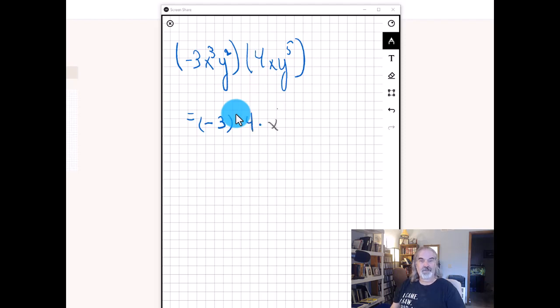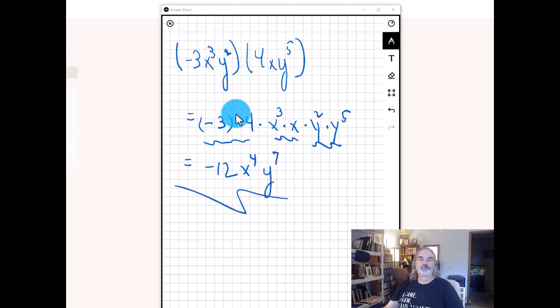From the left, an x cubed, but from the right there's an x. From the left there's a y squared, from the right there's a y to the 5th. Now we just tidy up. What things are left that we can multiply together? Well, the 4 and the -3, when we multiply those together, that's -12. X cubed times x, there are 4 x's altogether, so that's x to the 4th. And here, 2 y's times 5 y's, 7 y's altogether, that's y to the 7th. We add the exponents, and boom, we're done.